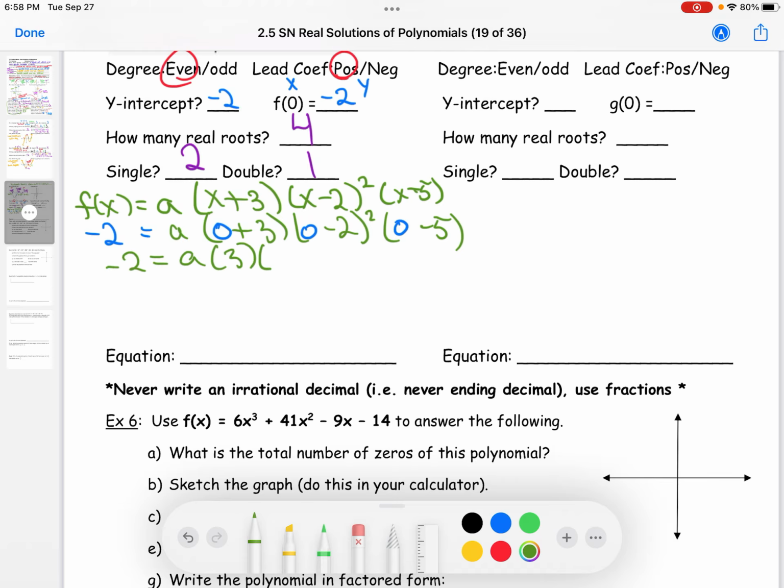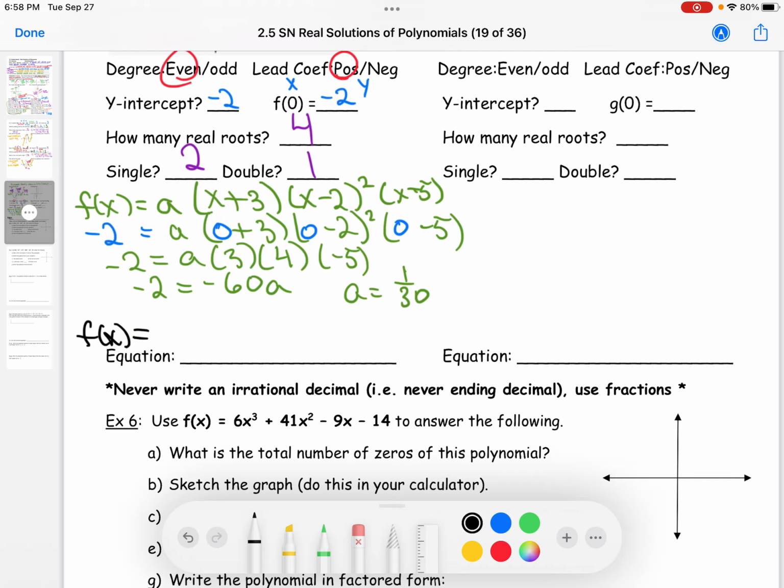So -2 will equal a times 3. -2 squared is 4 times -5. 3 times 4 is 12 times -5 is -60. So -2 is -60 times a. So a is 2 over 60 or 1 over 30.